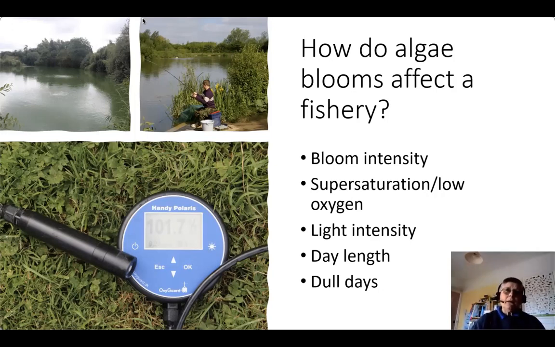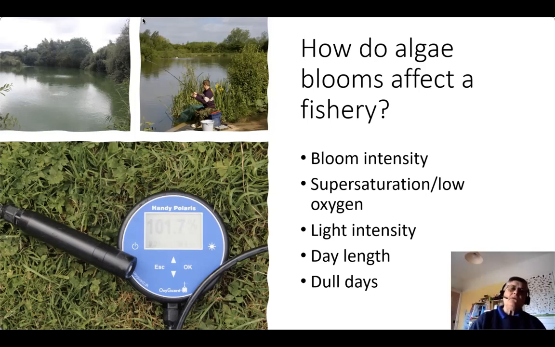In the height of summer, algae can really be working, and it's a very sunny day. Algae can be working at maximum intensity, and you can find that the oxygen levels in the water can really rocket right up. Certainly, I've seen 150, 160% saturation.